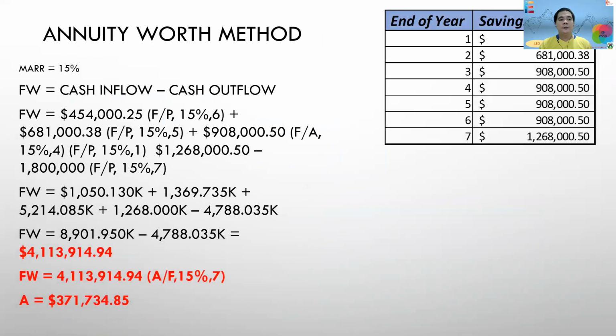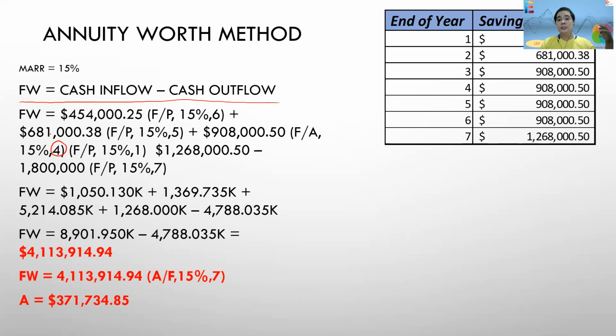As you can see, your future worth, basically you can solve it using two ways. But let's take into consideration first the future worth. We're looking for the future worth of 454,000, which is F of P, 15%, after 6 years. And then the 681,000, that is F of P, 15%, 5, plus the 908,050 F of A for 4 annuity payments.